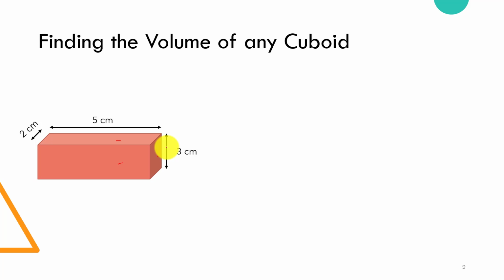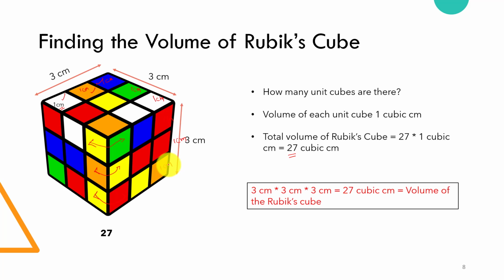Now if you see it shape wise, it is almost similar, but the thing is that here the length, the breadth, the height are not the same, which was the case for the cube. It was all the same, right? Even though we constructed a bigger cube here with these Rubik's cubes, still their length, breadth and height are the same because it's a cube.